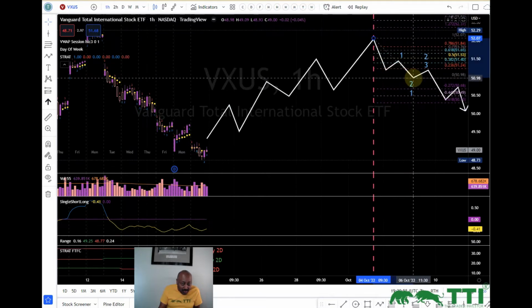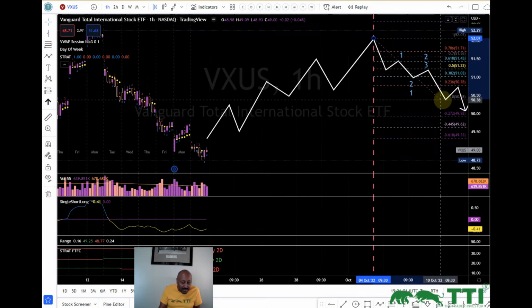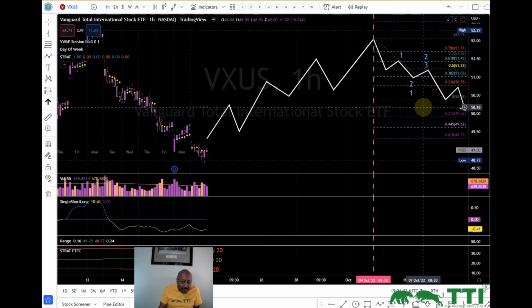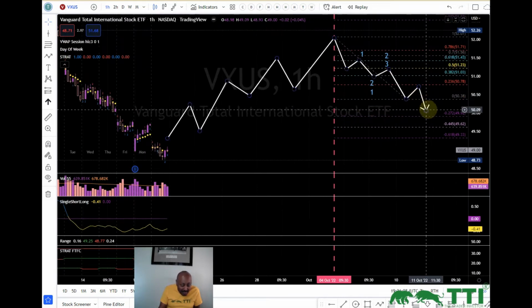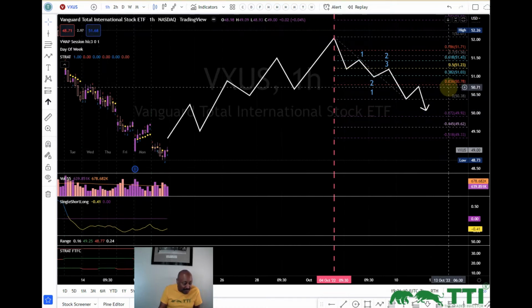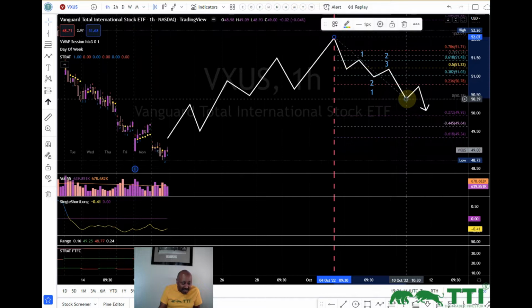When that low is made, I push this again, it failed to make a new high. I just keep moving this, and at this point I have nothing, right, because this has not turned yet. So I don't move this here because I don't know the turning point. I need to see a clear turning point.